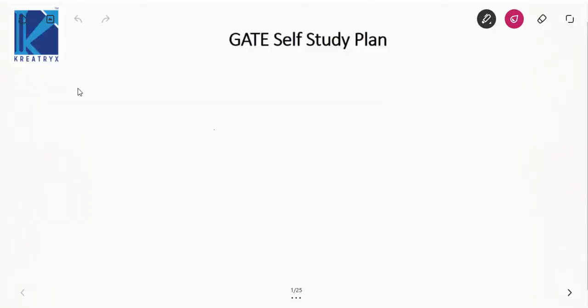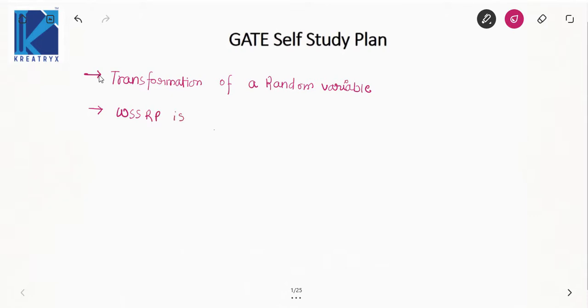Hello friends. So in this lecture we are going to study two topics. First is transformation of a random variable, and second topic will be what happens when a wide sense stationary random process is passed through a linear time invariant filter.